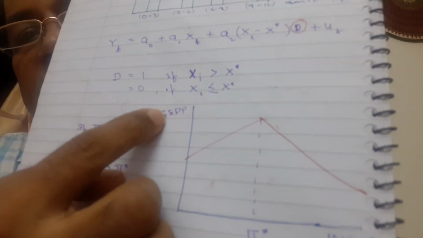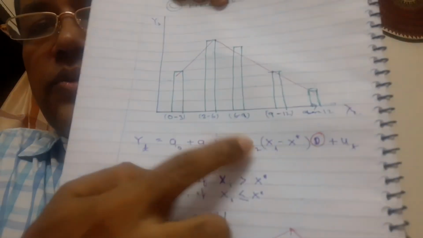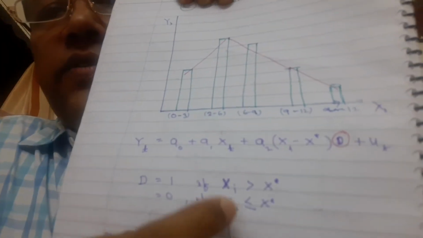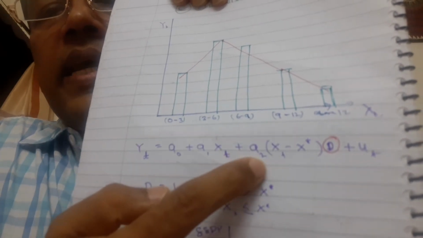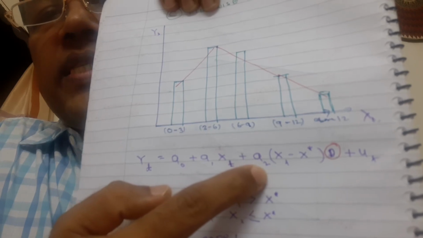to negative. A theoretical relation can be depicted in this graph, where this is economic growth and this is inflation. So it changes from positive to negative at the level of pi star. That x star is pi star here, and that xt is pi t here. After specifying this regression by defining D this way and running the regression, suppose we find that A2 is statistically significant.